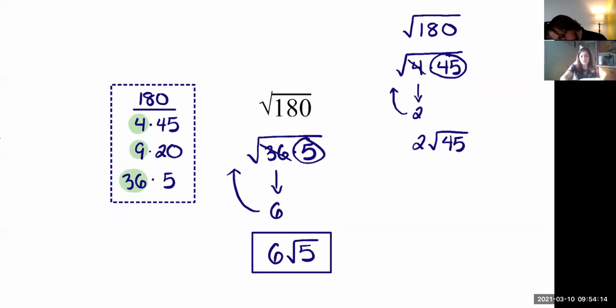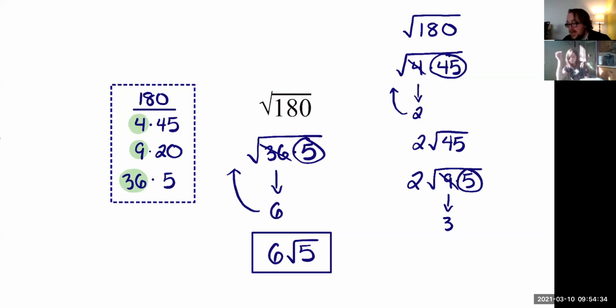5 times 9? 9 times 5. So I could technically break down the 45 into a 9 times 5. Well, I know that the square root of 9 is a 3. And that leaves me with a 5 left inside.